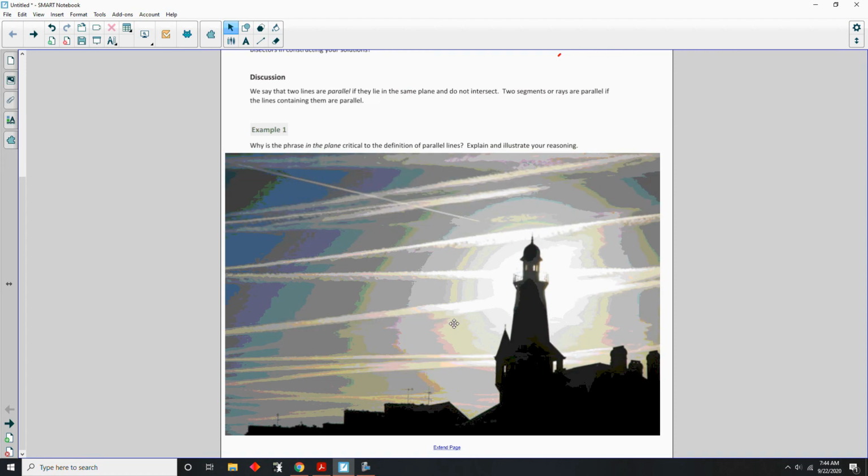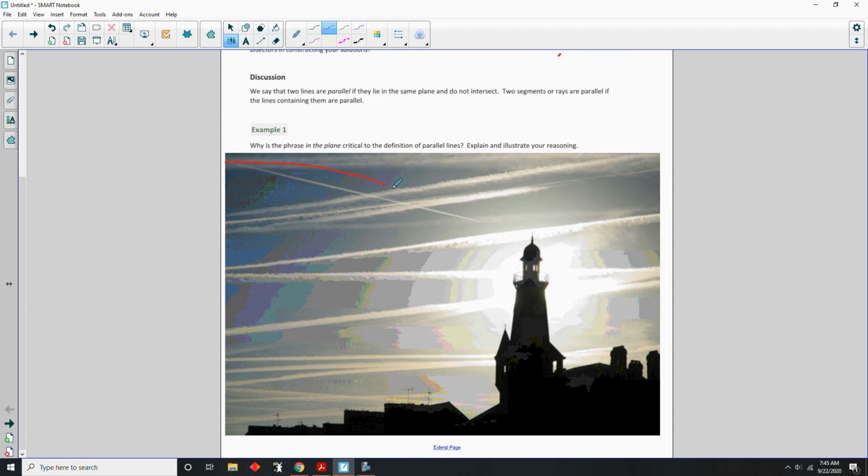So I brought this picture in from the internet, and these streams that come out of airplanes, because of the moisture in the exhaust and the atmospheric temperature, I believe, is what causes them to either be visible or invisible. This here shows a really busy area for air travel.